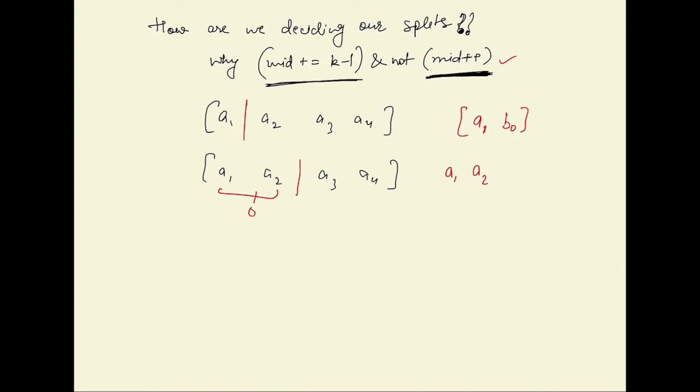We can't merge a3 and a4 because they are less than 3 elements, and we'll also keep a3 and a4 as they are, and the cost would be 0, and hence the overall cost to obtain this a1, a2, a3, a4 would be 0, and our purpose is not solved. Basically we are not getting the minimum number of piles.